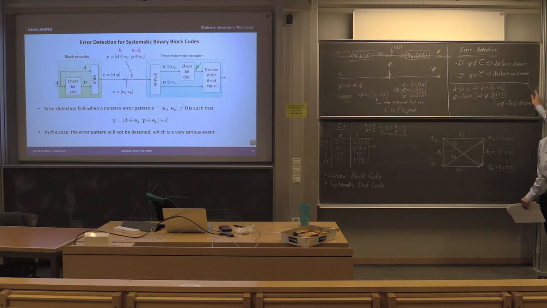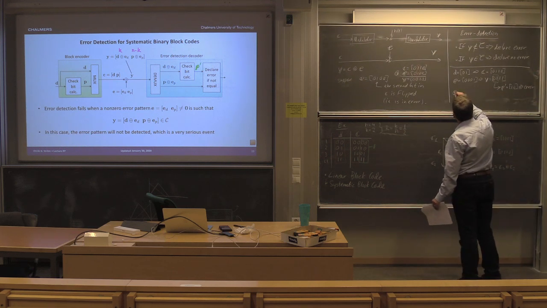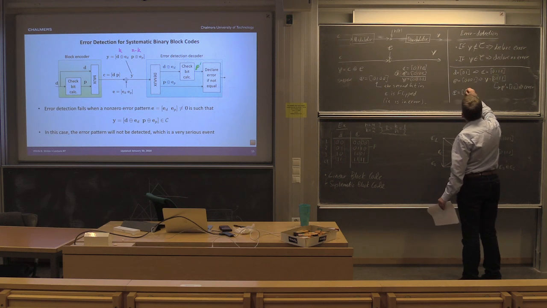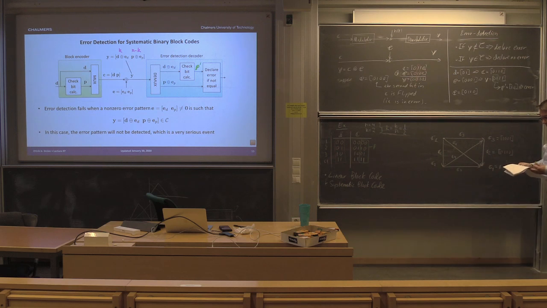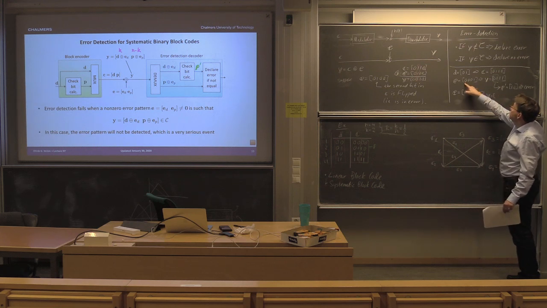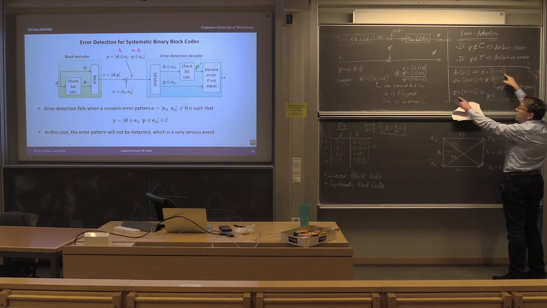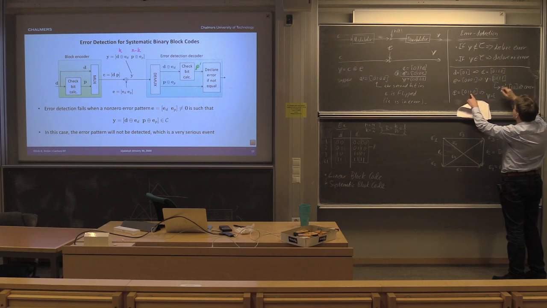Now, suppose we have another error pattern, which is 0, 1, 1, 0. What is y in this case? Well, we transmitted this, and the error pattern is such that we should flip the second and the third bit. So what we get here is 0, 0, 0, 0.